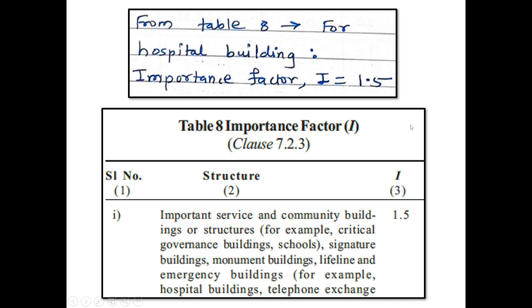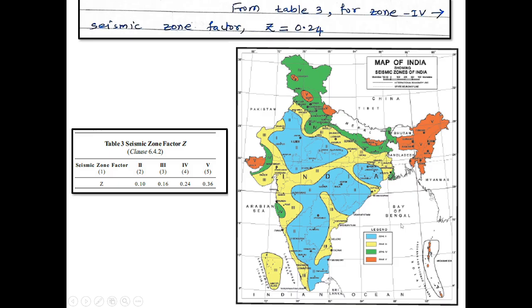Again, if we refer to table 8 of IS code, then since it is a hospital building, the importance factor is 1.5. Again, it is given that the building is located in seismic zone 4 of India, and therefore if we refer to table 3 of IS code, then for seismic zone 4 the seismic zone factor is 0.24.